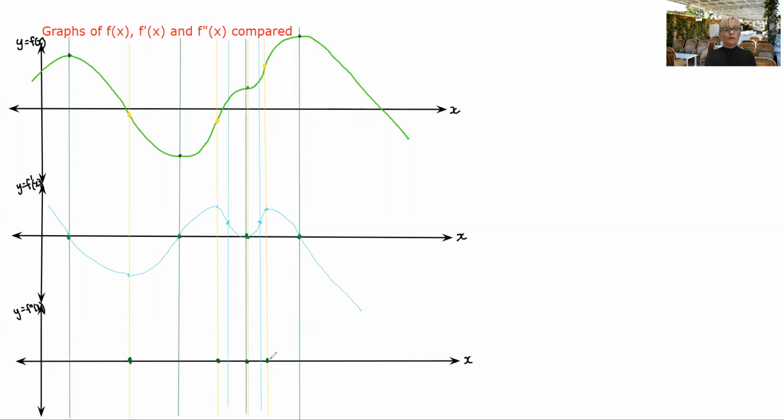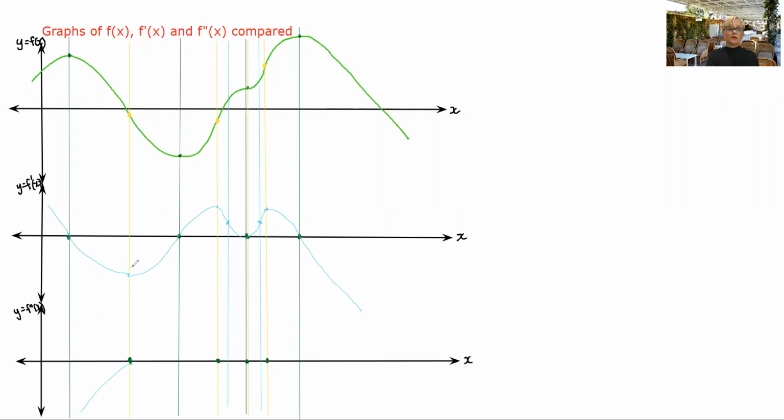Let's also now have a look at this function and see what it's doing. So here, the function is decreasing, all right? It's going down, the gradient is negative, but becoming less negative, okay, until the point where it becomes 0 here. So it's something like going up like this.